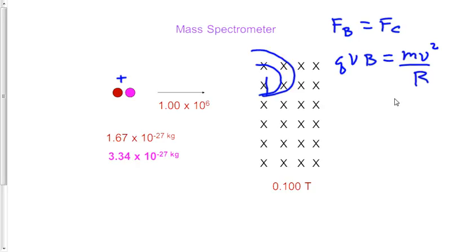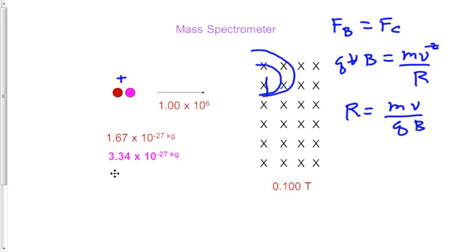Looking at this equation, we can cross off one velocity there and remove the square. Taking this to the left side and dividing, the radius is going to equal mass times velocity divided by the charge multiplied by the magnetic field, and both of those are on the bottom. So that's going to be our equation to determine the radius of curvature here.